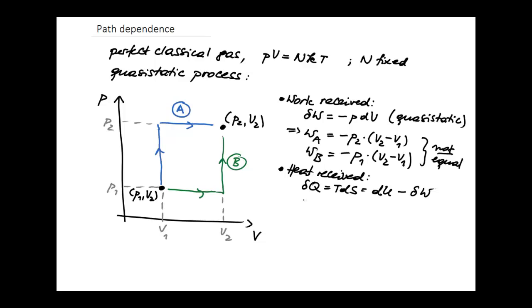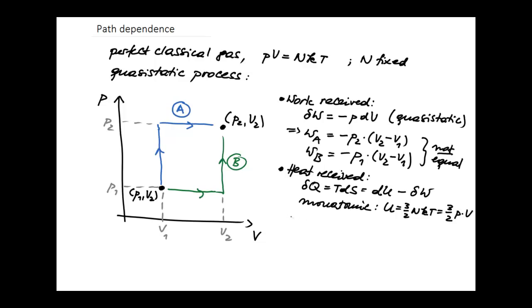If we assume a monatomic gas, a monatomic ideal classical gas, then the formula for the internal energy is 3/2 NkT, which is the same as 3/2 pressure times volume.